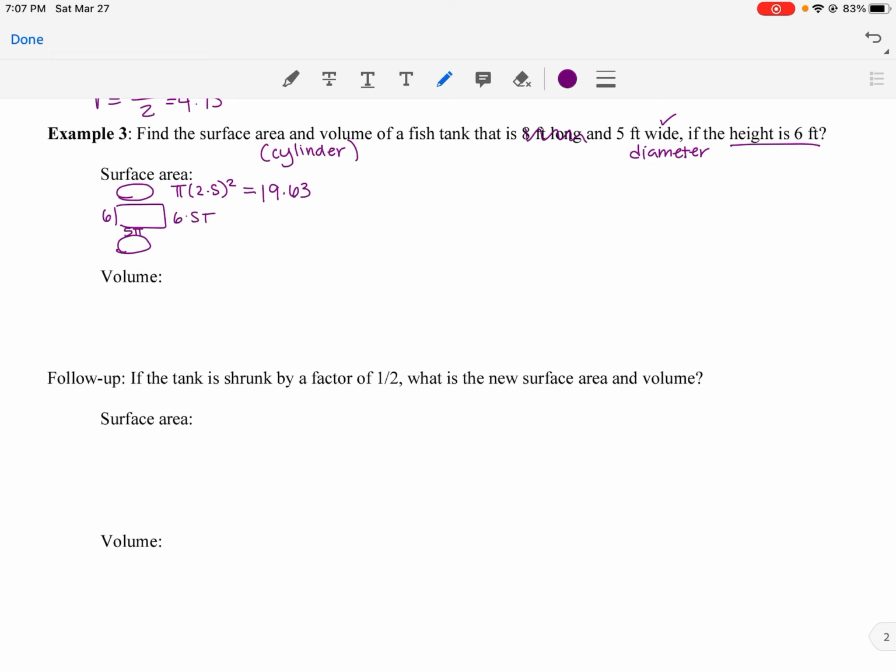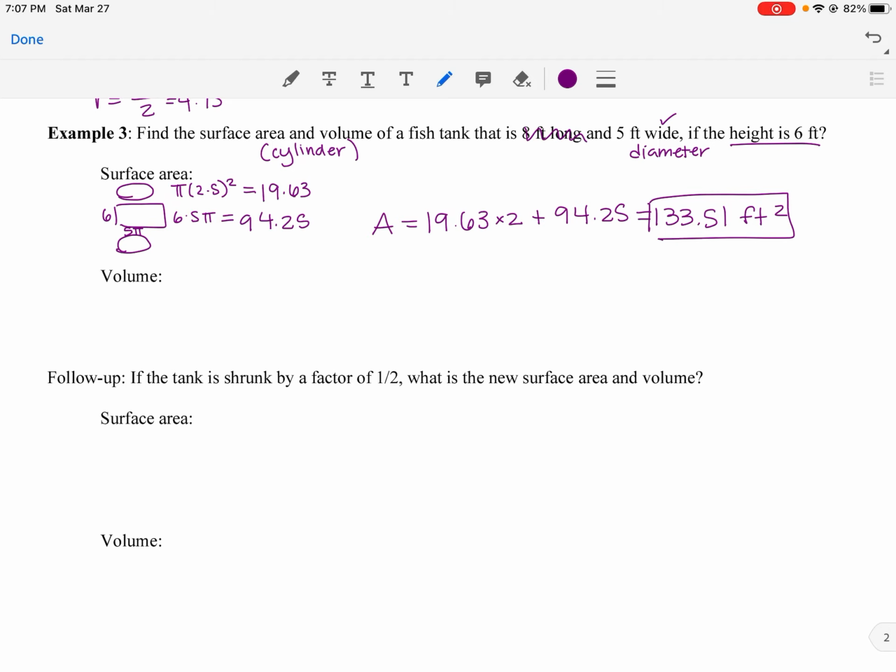So 6 times 5 pi is 30 pi. So 30 times pi gives us 94.25. So the area here is going to be 19.63 times 2 plus 94.25. As we total that all up together, we end up with 133.51. In this case, you'd have feet squared for area.